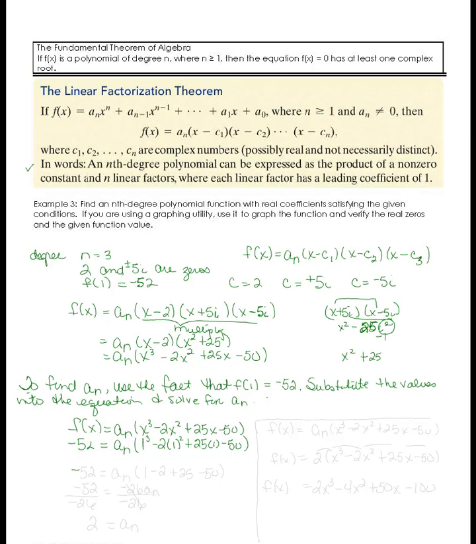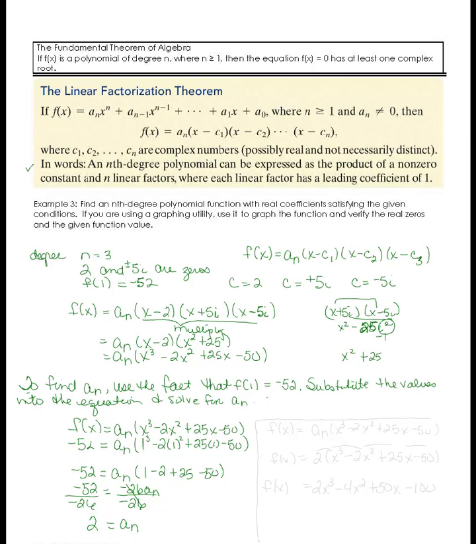Then negative 52 is equal to a sub n times 1 minus 2 plus 25 minus 50. Add those together, and we have negative 52 is equal to negative 26 a sub n. To solve for a sub n, we divide both sides by negative 26, and a sub n is equal to 2.